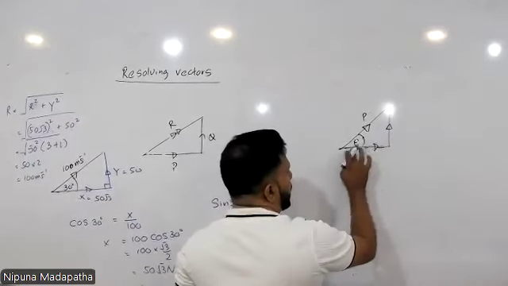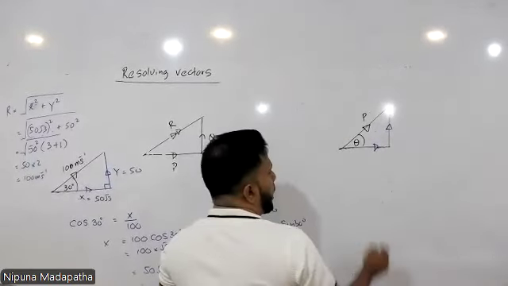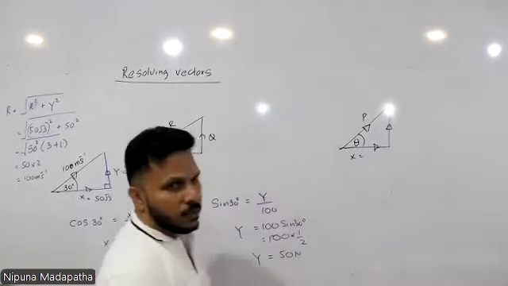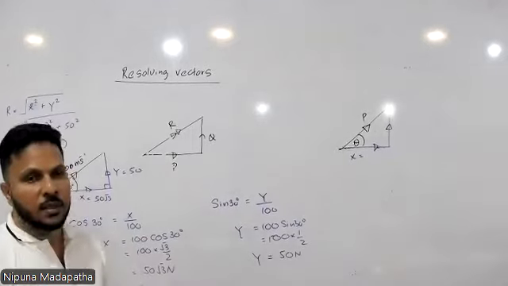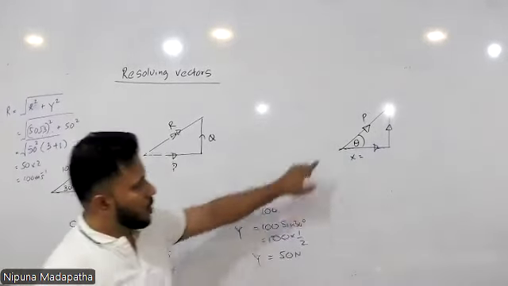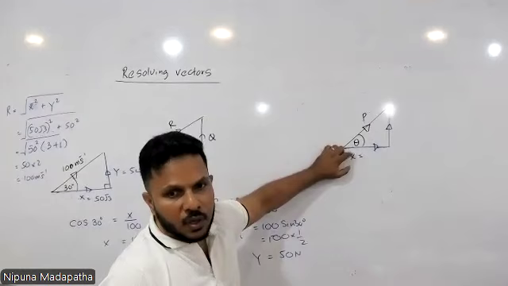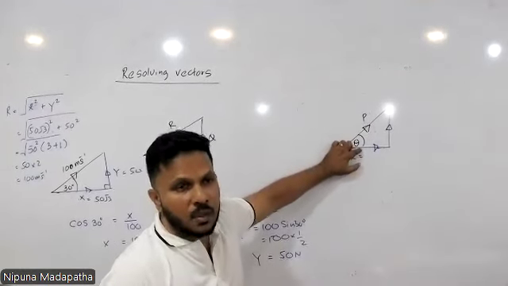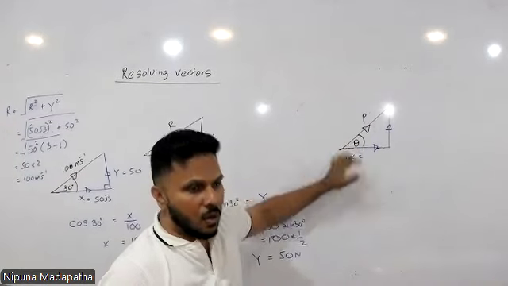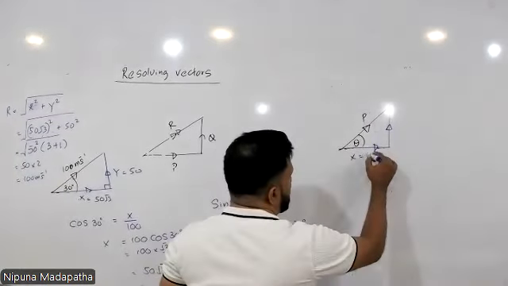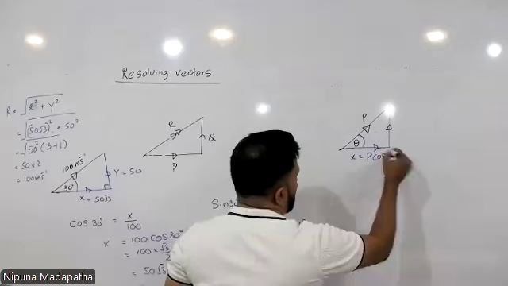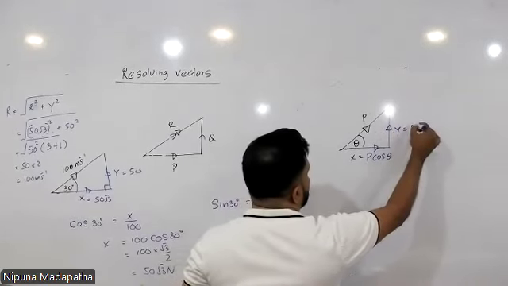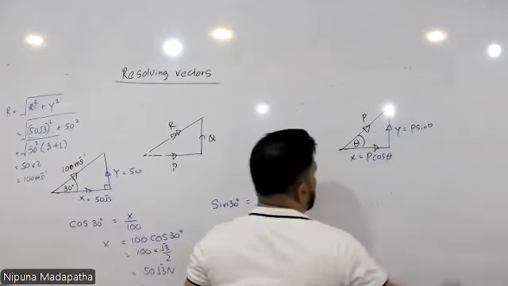Can you tell me straight away what is the x component of this vector P in terms of theta? P times cos or sine? Cos theta. P cos theta. The y component is P sin theta.